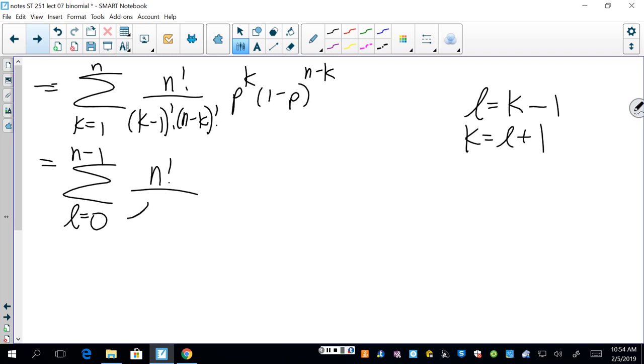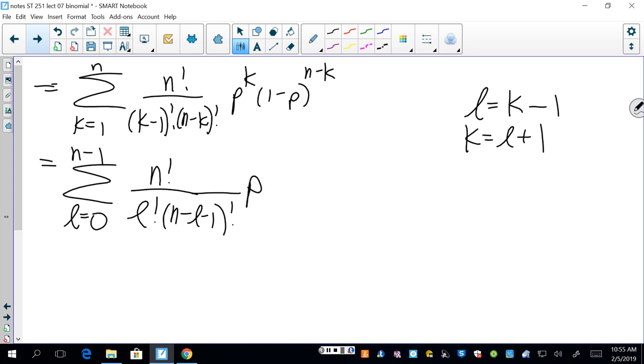So L factorial. There's n minus k, and k is L plus 1. So subtracting, there's an L minus 1 factorial. Right, so k was L plus 1, so if I'm subtracting it all, it can be written like that.